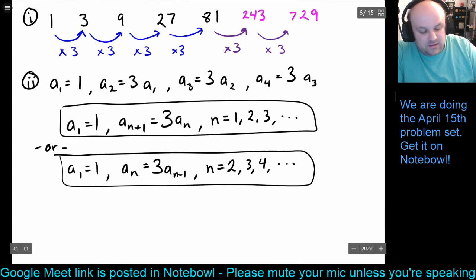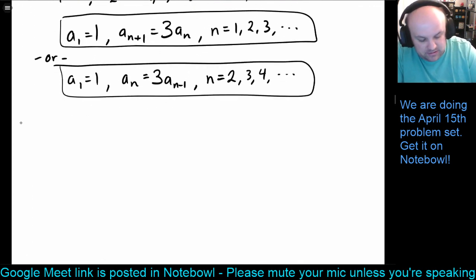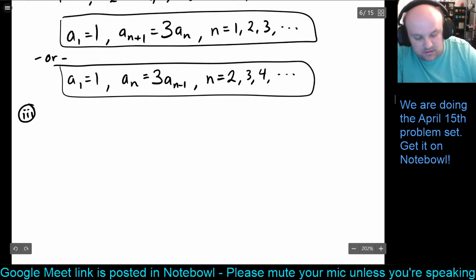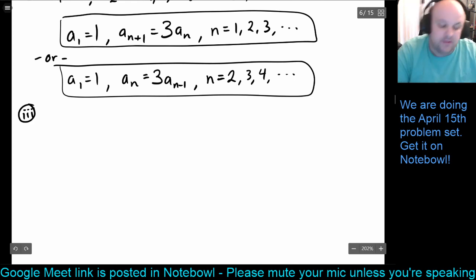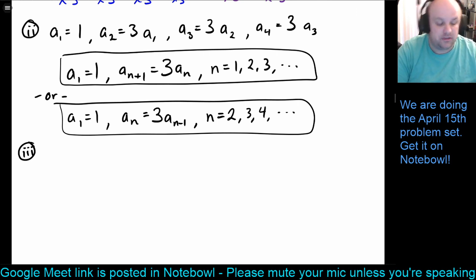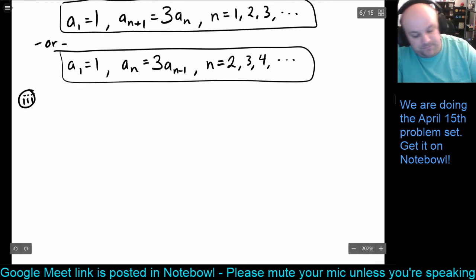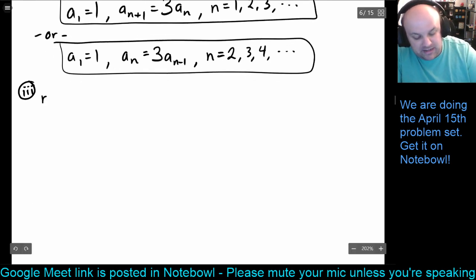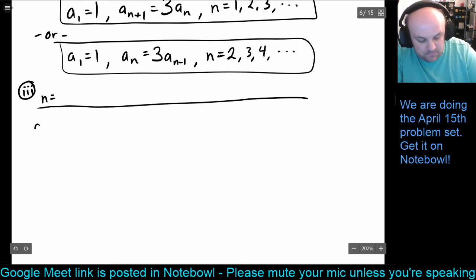Excellent. So let's go on to the explicit formula. This is the one that's sometimes harder to get your hands on, but is way more useful in doing computations. So the way I like to do these is to make this chart.